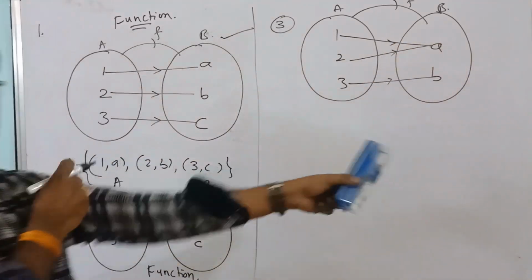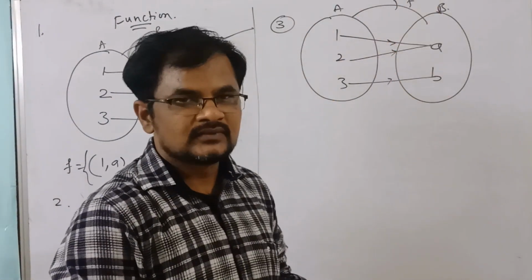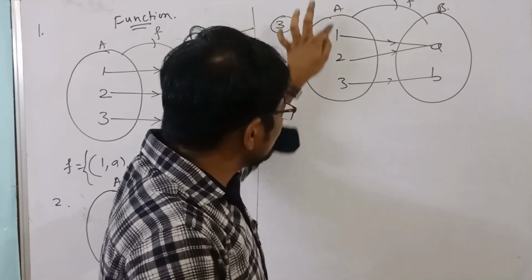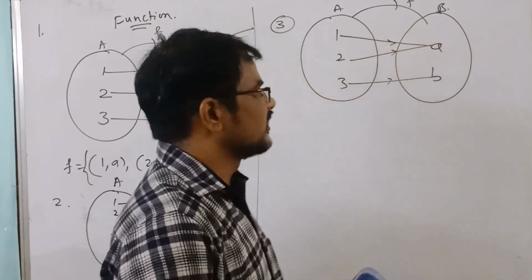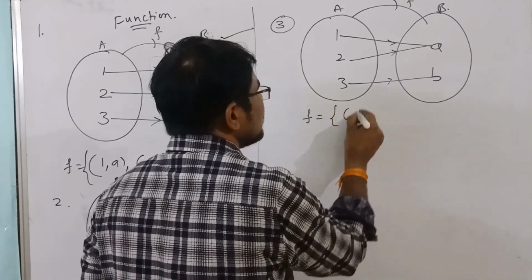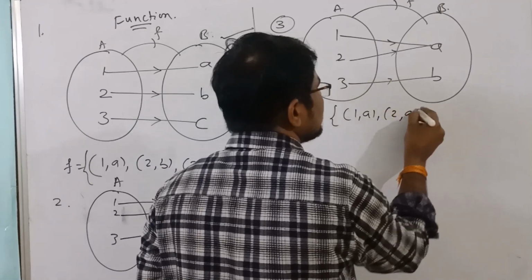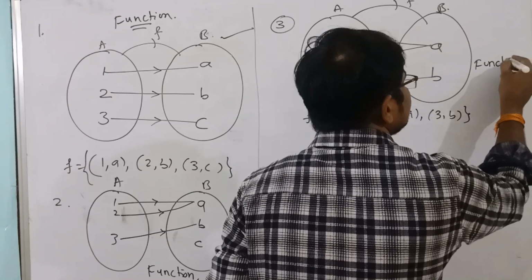Let us check, is it a function? Every element of A is associated with B and has a unique image only. For 1 only one, 2 also one only, and 3 also one only. You can write it as f equal to (1, A), (2, A) and (3, B). It is also a function.